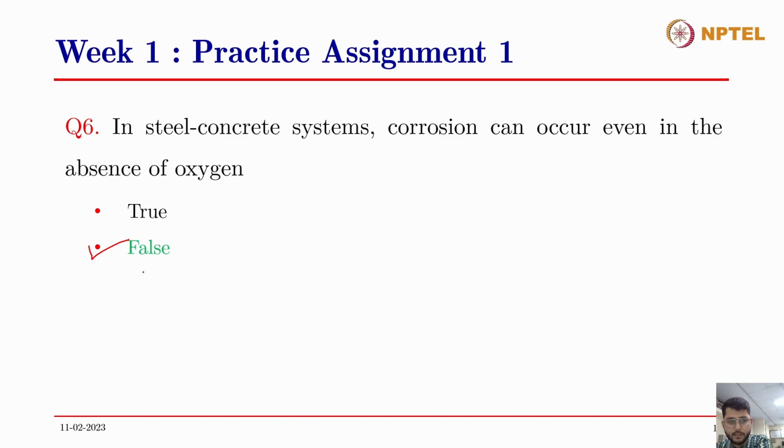Thank you, Dr. Satish. There is a question in the practice assignment 0, which mentioned what are the essential conditions for corrosion to occur inside concrete? And we had discussed that water and oxygen are the essential components for corrosion to occur.